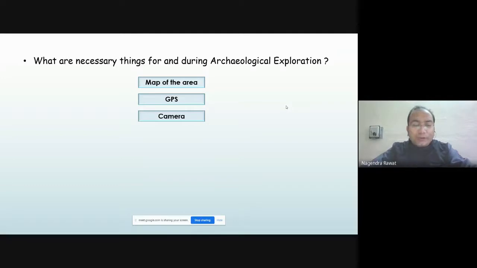Don't use your mobile camera, because the resolution and pixels of the photograph also count in archaeological research. And take a notebook, either physical or digital. Nowadays there are many apps for archaeological exploration that you can download and use as a notebook.